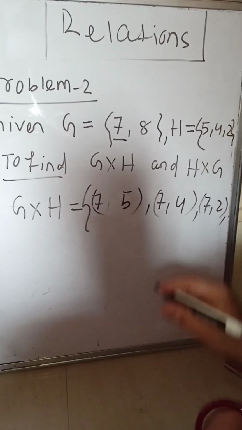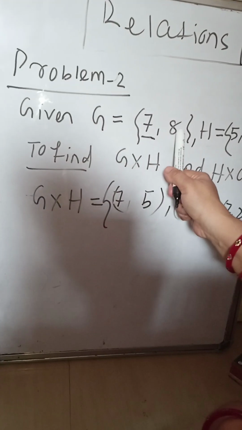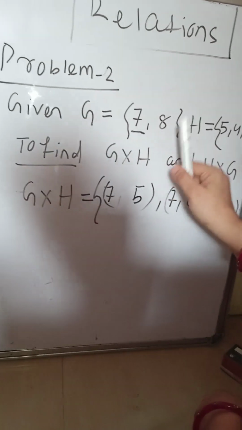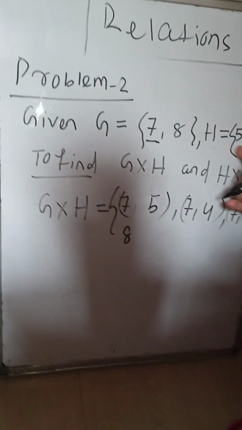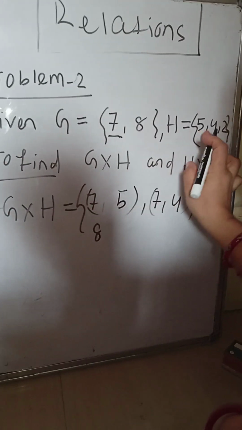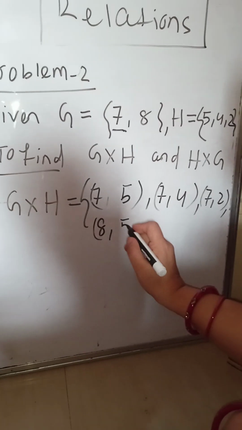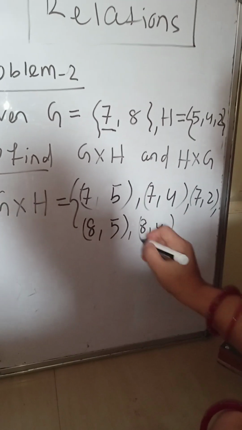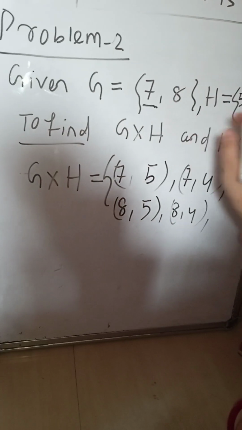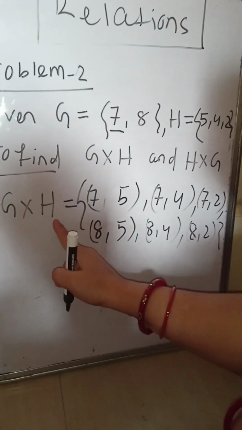This will be a set, you know. And then you take the second element of your first set G, that is 8, and make ordered pairs taking 8 as the first element and then the rest of the elements of your second set. So 8, 5, 8, 4, 8, 2. So your ordered pairs will be, first is 8, 5, then 8, 4, then 8, 2. So now this is your Cartesian product of G and H.